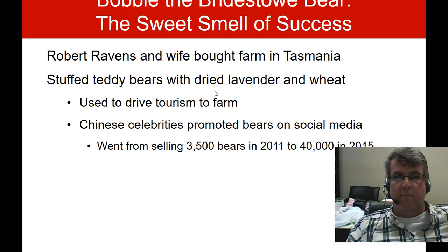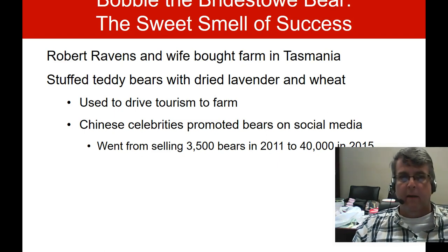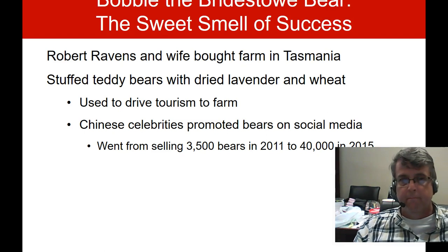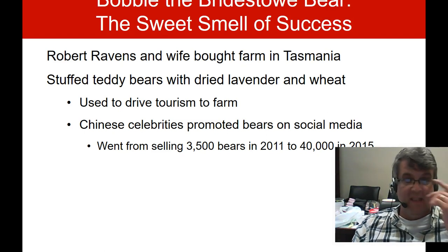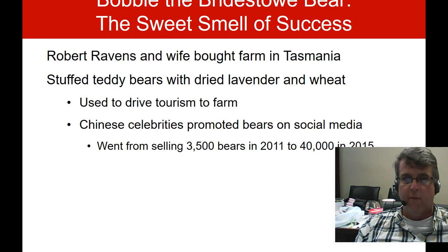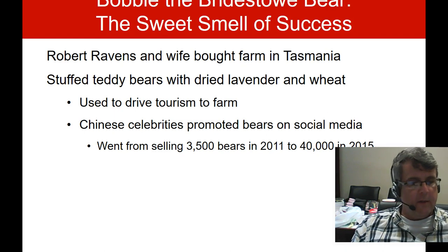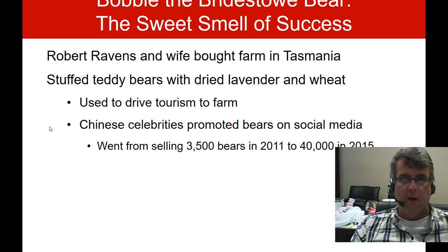Here is the story of Bobby the Bridestowe Bear, the sweet smell of success. Robert Ravens and his wife bought a farm in Tasmania. They wanted to make stuffed teddy bears with dried lavender and wheat, I have no idea how you do that, and use this to drive tourism to their farm.